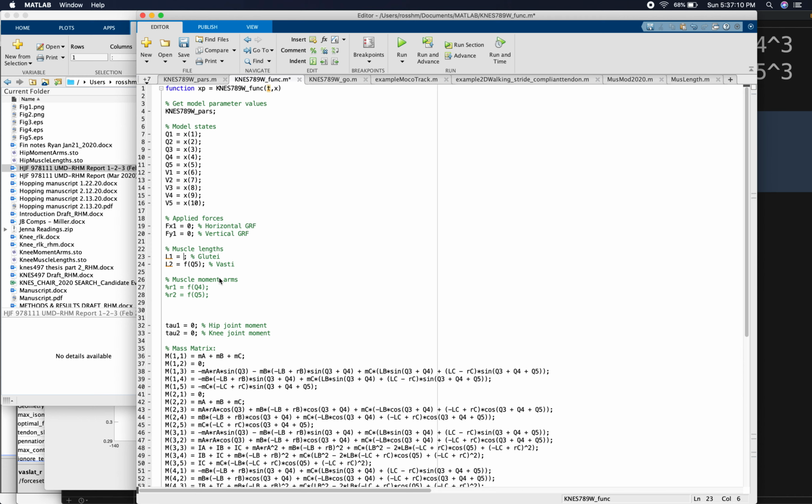So my length of glutei here is going to be P1 of 1 plus P1 2 times Q4 plus P1 3 times Q4 squared plus P1 4 times Q4 cubed. And then a similar looking thing here for my vasti muscle, which is a function of Q5.